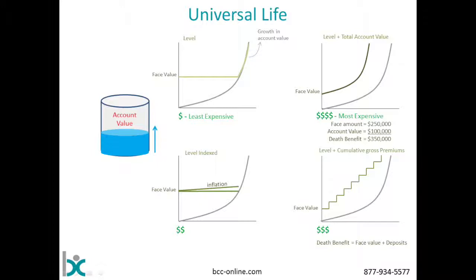We're going to have creditor protection of the account value if you've named the proper beneficiary, which is the same as for whole life. We're going to have the ability to build a death benefit to meet our needs. It's a very good estate planning tool, and used properly, the flexibility from universal life insurance can help a client to meet needs that occur throughout their life cycle.